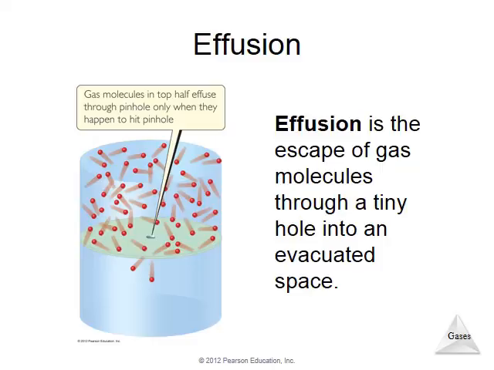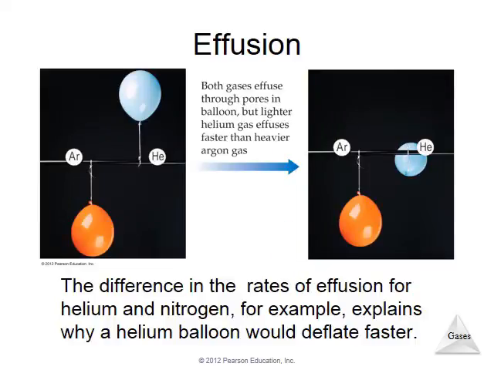Now we are going to explain what effusion is. If there is a tiny hole in the container of the gas, then gas molecules would come out of that hole in such a way that the lighter one comes out faster and the heavier one comes out slower. In this figure, you're looking at a balloon filled with helium and another balloon filled with argon.